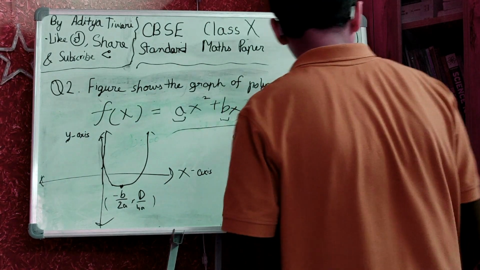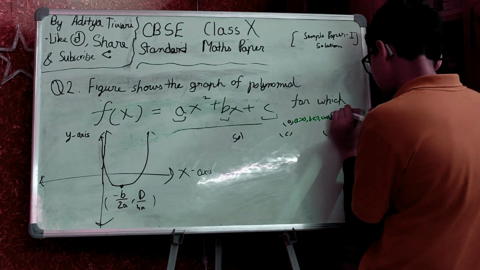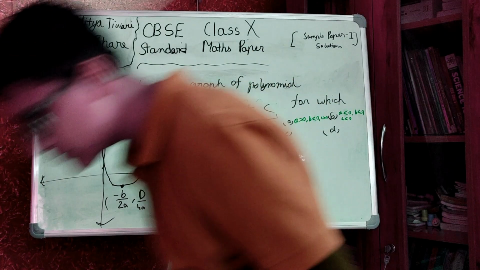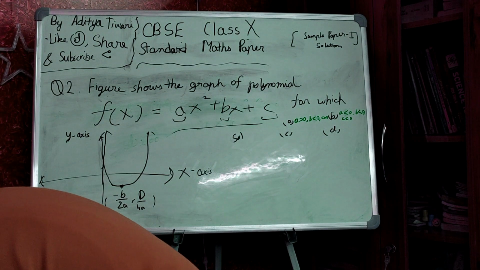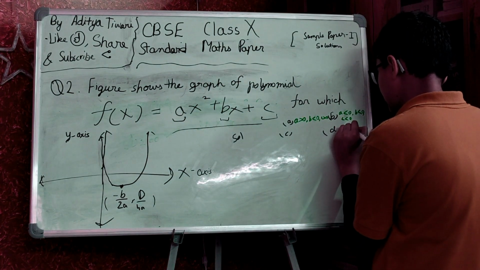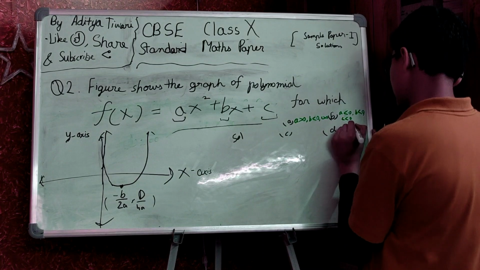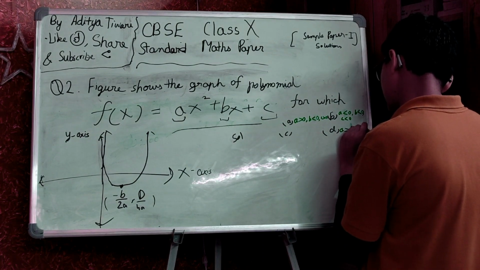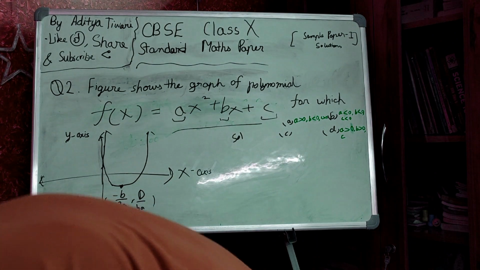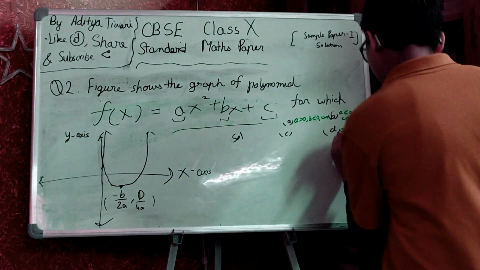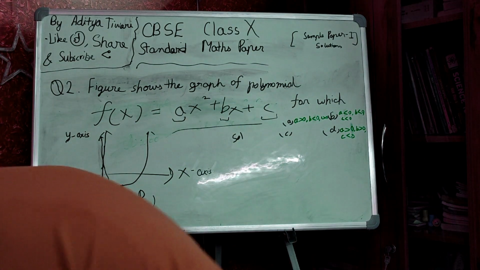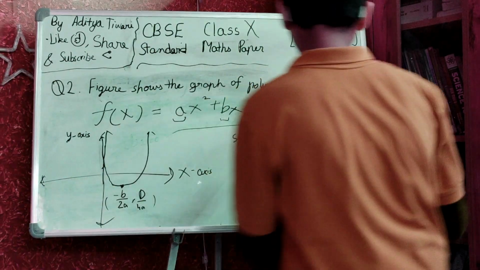Then a is smaller than 0, b is smaller than 0, c is smaller than 0. Option D: a is greater than 0, b is greater than 0, c is smaller than 0. And option C: a is smaller than 0, b is greater than 0, and c is greater than 0.